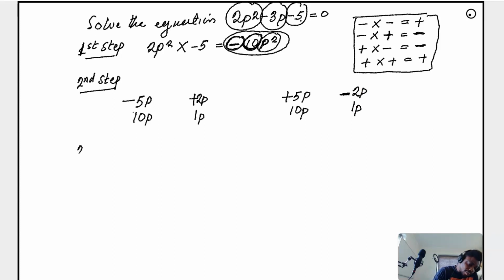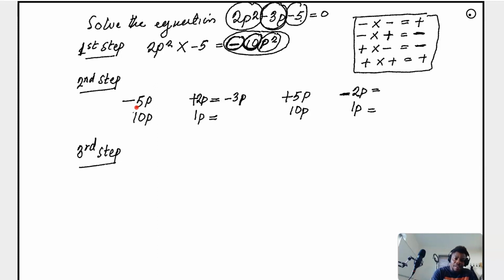Now, the third step is this. You check what you have in the middle. That is minus 3p, right? Let's see. Minus 5p plus 2p is minus 3p. Minus is like you are owing money, and plus means you have money.